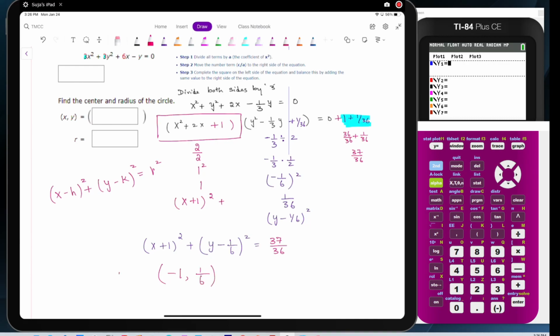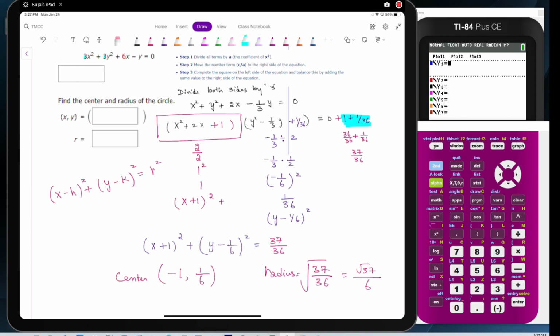So this is my center. Okay, and the radius is going to be the square root of 37 over 36, which would be the square root of 37 over 6. And this should be the answer to the problem.